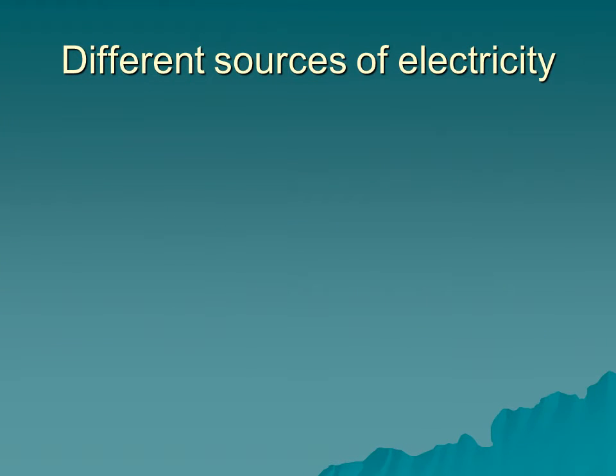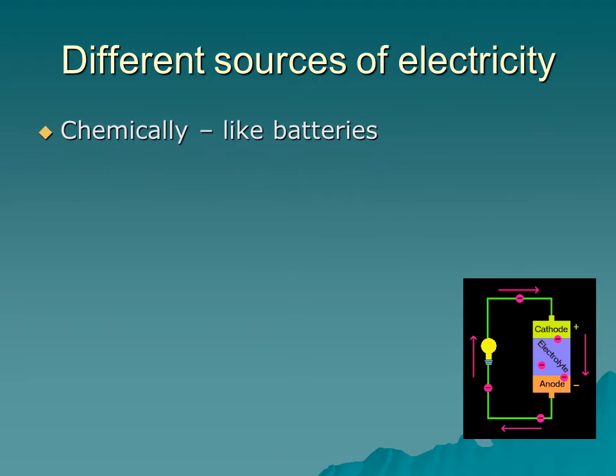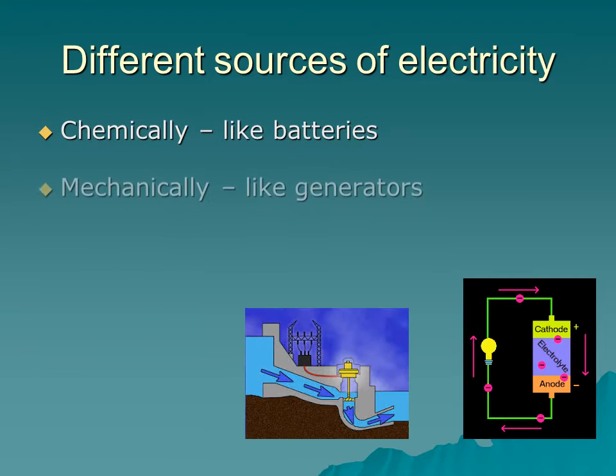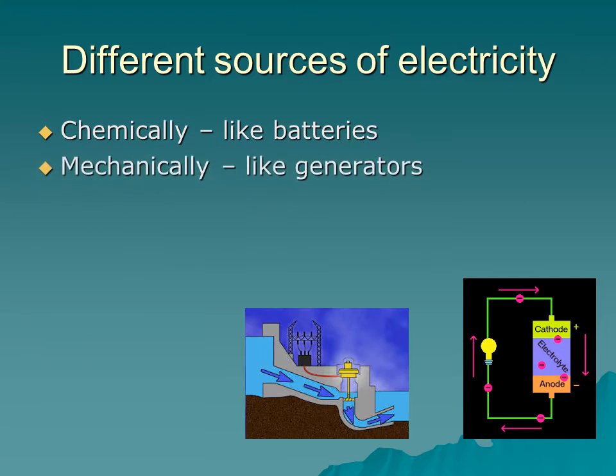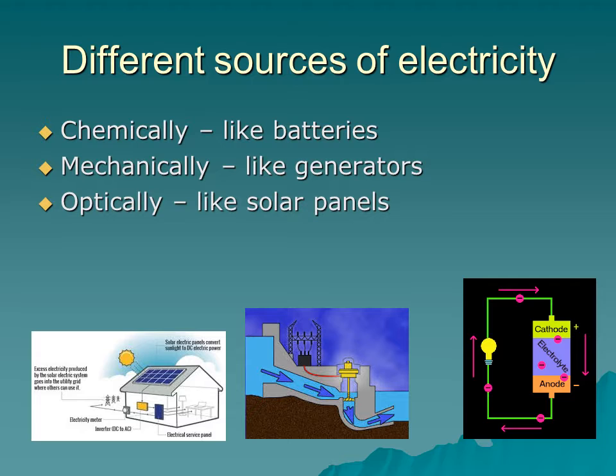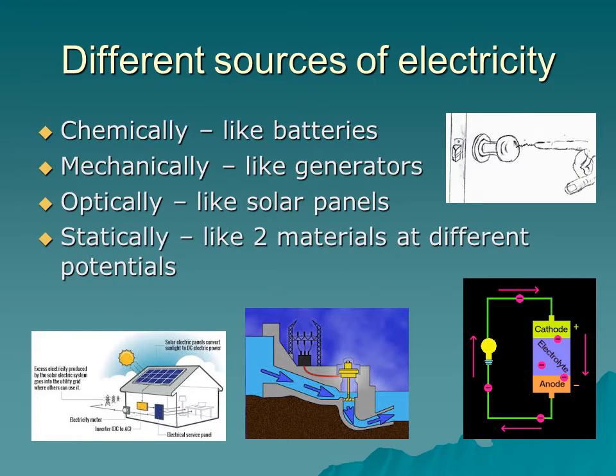Different sources of electricity. Chemically generated, like batteries. Mechanically generated, like generators. Optically generated, like solar panels. Statically generated, like two materials at different potentials.